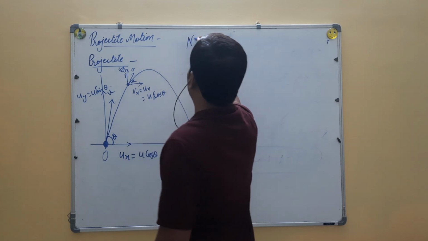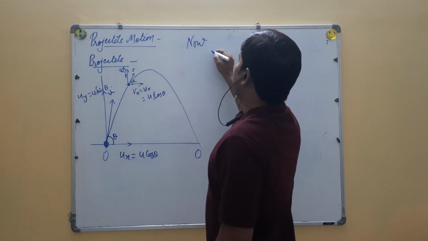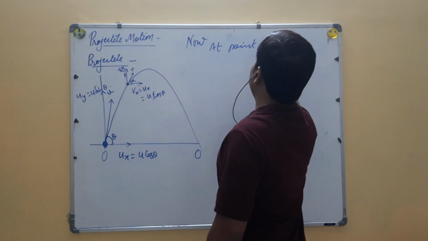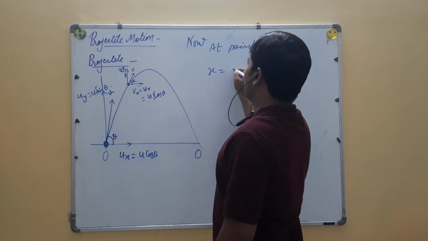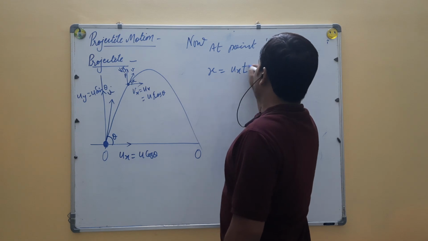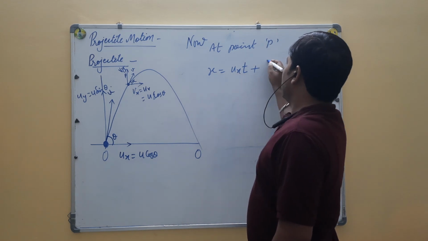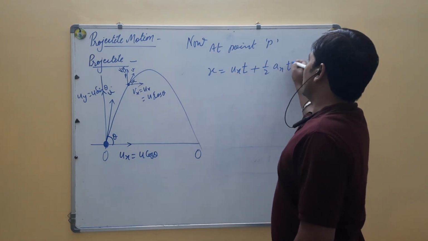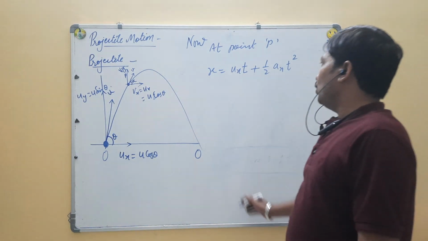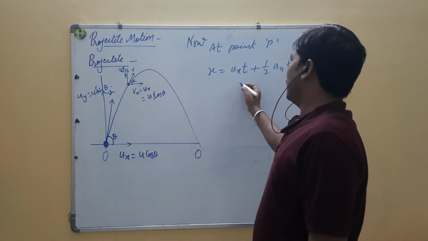These are physics activities. At point P, x is equal to ux t plus 1 by 2 ax t square. At point P, the value of the x coordinate will be equal to ux t plus 1 by 2 ax t square.